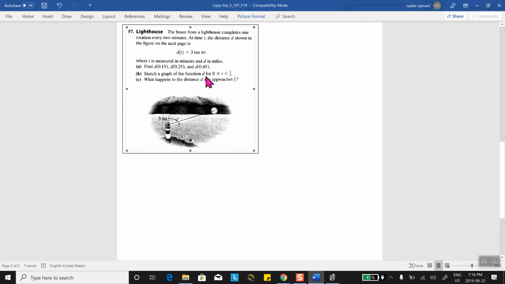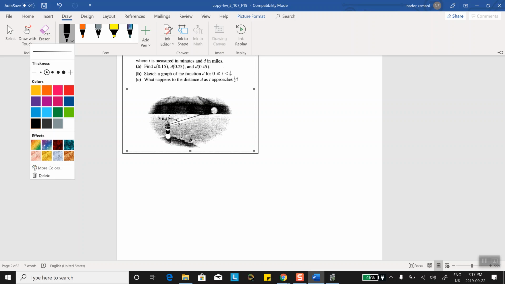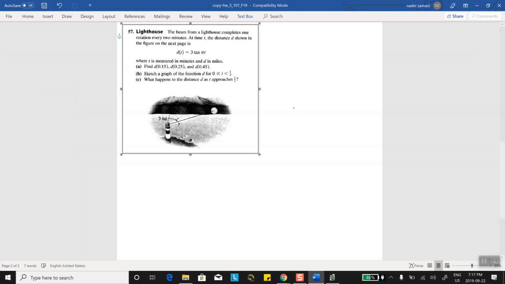First of all, what are these values? So let's go ahead and see what we can do here. What is d at 0.15? Well, you just plug it in.